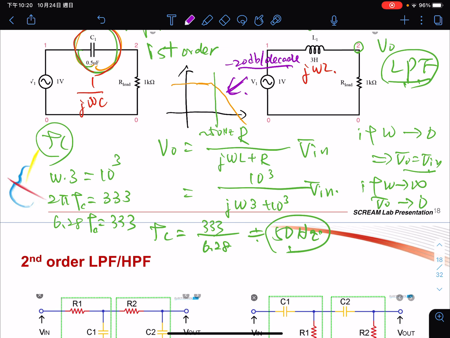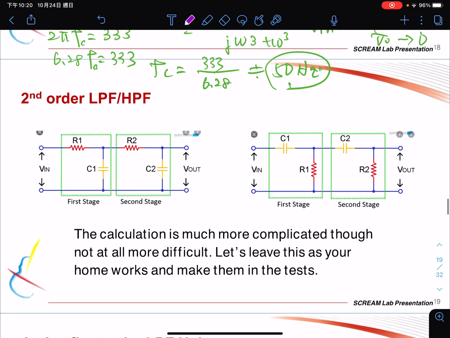And of course, we can have much more difficult ones, which are the second order low pass filter or high pass filter. For example, this one, when we put the capacitor here, is a high pass filter, and this one is a low pass filter.